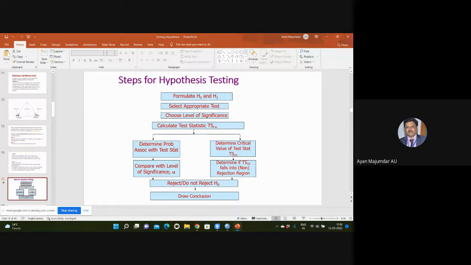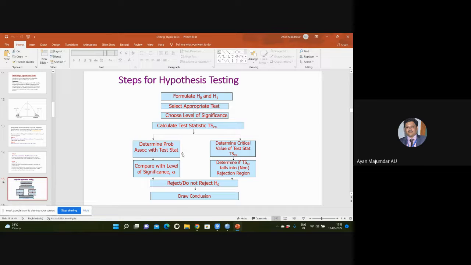In practice, we will use the probability and compare it with alpha, and based on that, we will decide whether to accept or to reject the null hypothesis, and we will draw the conclusion.